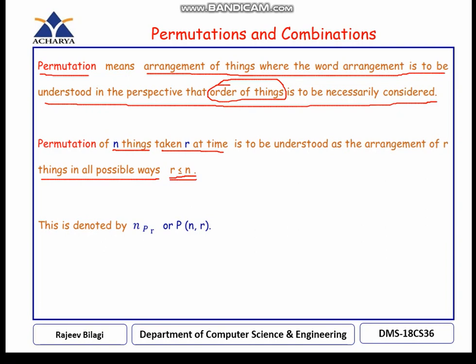Okay, so this permutation will be represented by two different notations. One is nPr, another one is P of n, r. Both are the same; both are ways to represent this particular permutation.